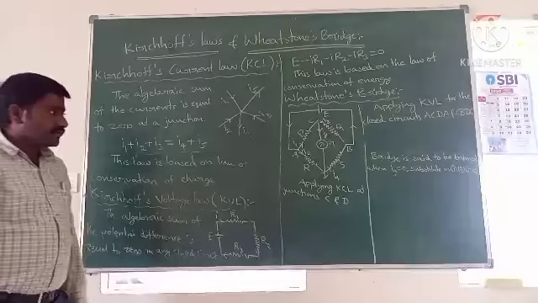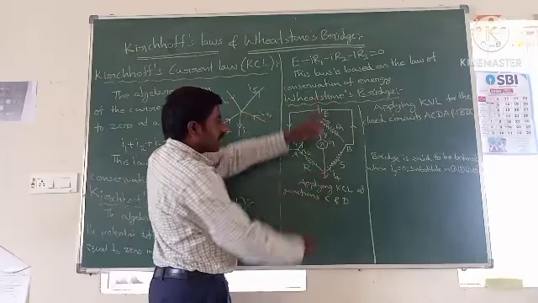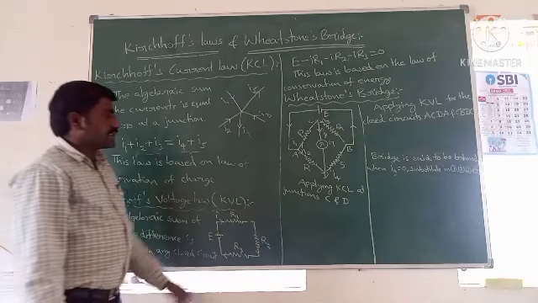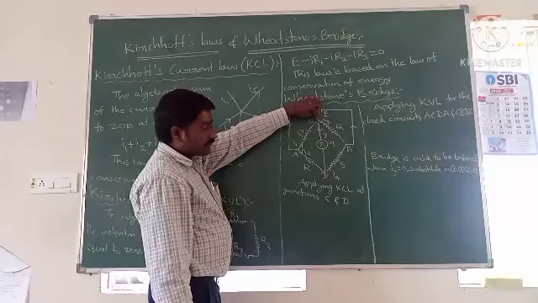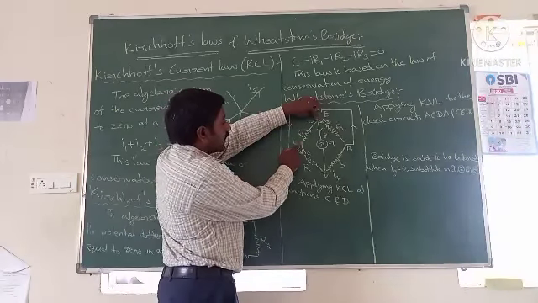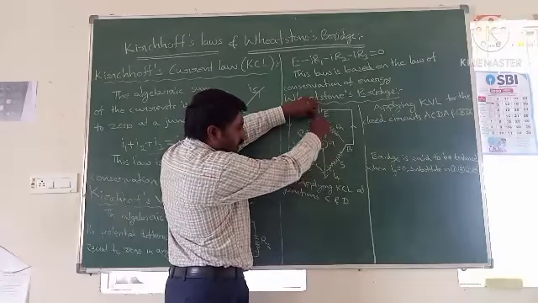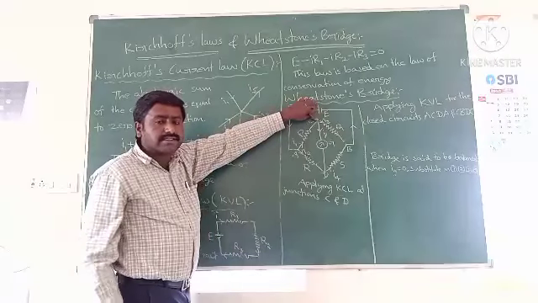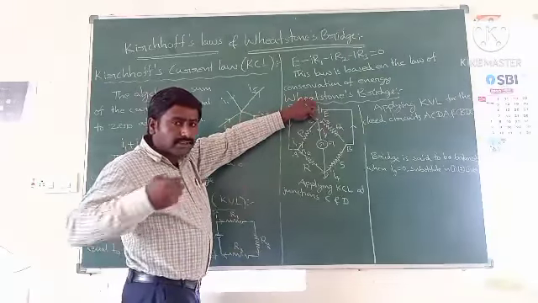So in this case, here we can find two junctions C and D. When you apply KCL, Kirchhoff's current law, at the junctions C and D, then what happens? Just observe the junction C. So at junction C, I1 amount of current is entering the junction, and I3, Ig currents are leaving the junction. So according to KCL, the sum of the currents entering the junction equals the sum of the currents leaving the junction.